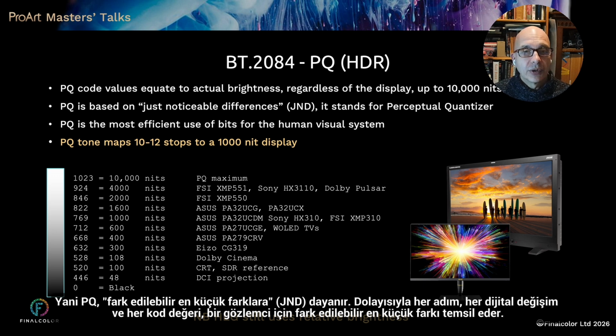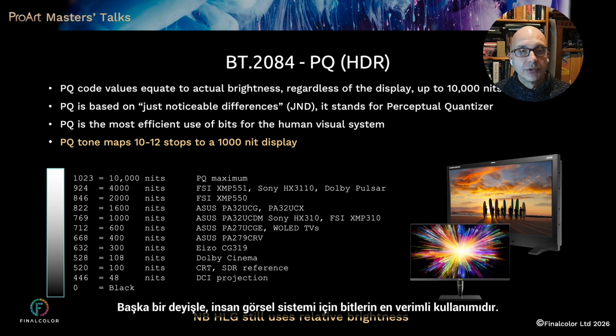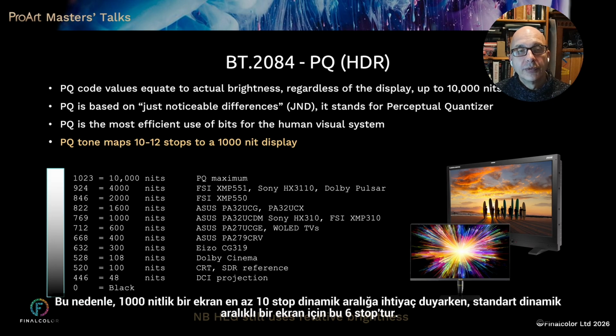So PQ is based on just noticeable differences. So each step, each digital change, each code value represents a just noticeable difference to an observer. In other words, it's the most efficient use of bits for the human visual system.